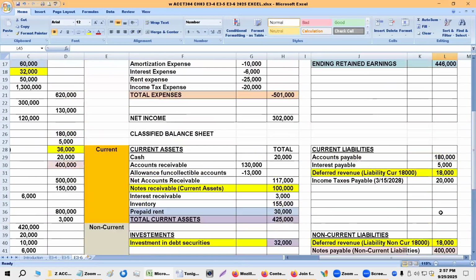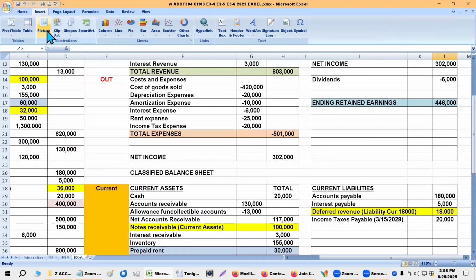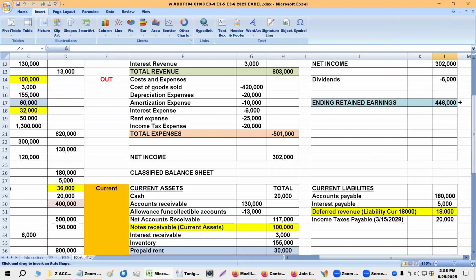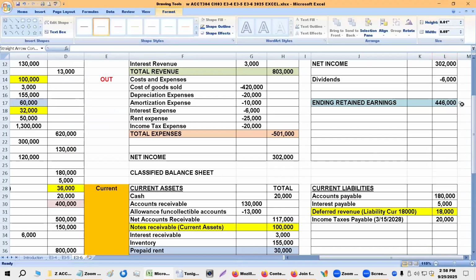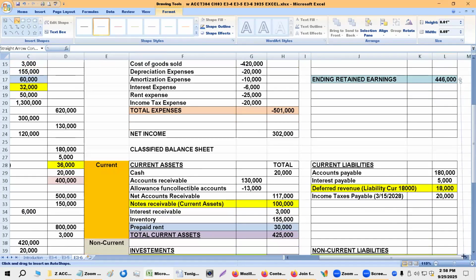So this ending retained earnings, if your balance sheet doesn't balance, that's a good one to look at. It's often even myself, having done a million of these, now and then I'll look at it. Why is this balanced?